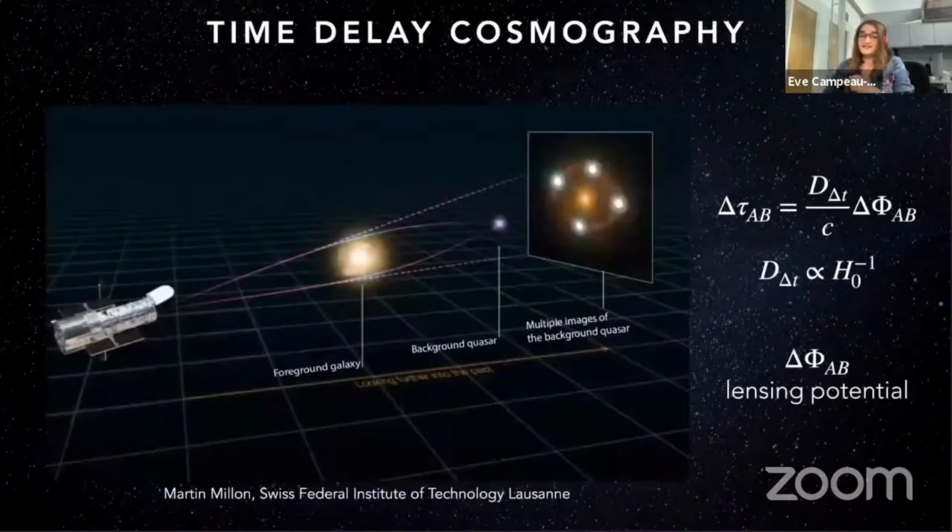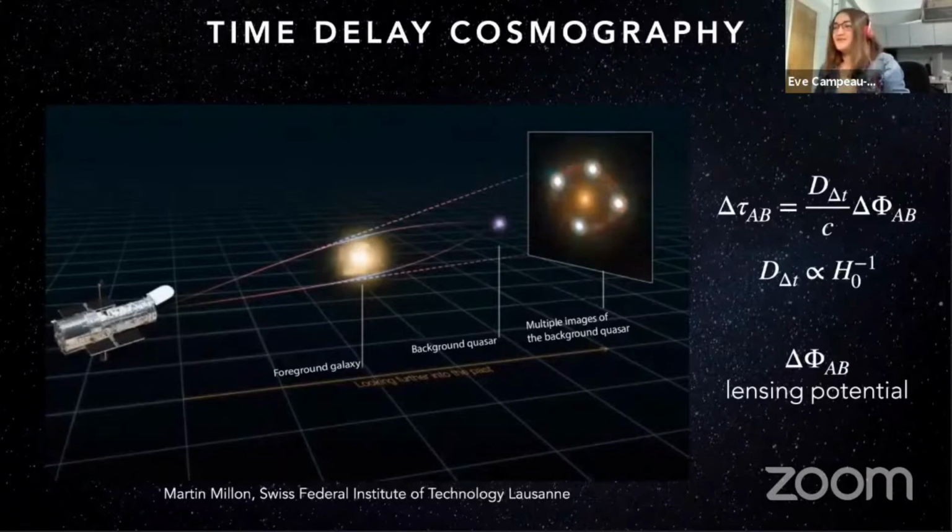So one of the candidate methods is time delay cosmography. Let's see how it works. First, it involves quasars. Quasars are celestial objects that have the particularities of flashing and of being detected as point sources by our telescopes. Let's say that we have a galaxy between our telescopes and a quasar.